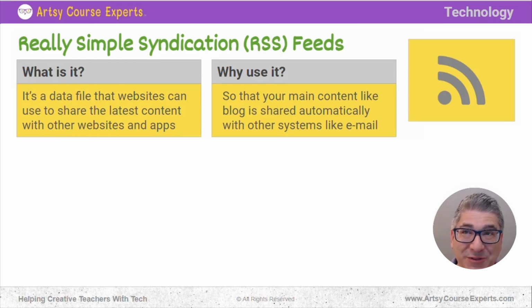If you don't use RSS, you may have some challenges synchronizing all your different content, your blog articles with your social feeds or your podcast, or even your email system that sends out updated emails to all your subscribers every week or every time they're published. You'd have to manually do a lot of these steps if you don't connect up your systems with tools or data files like RSS files.